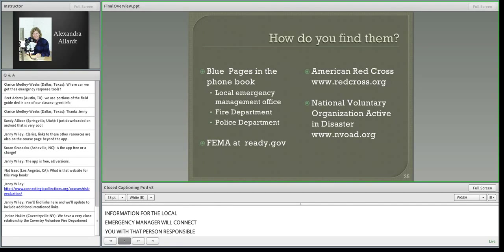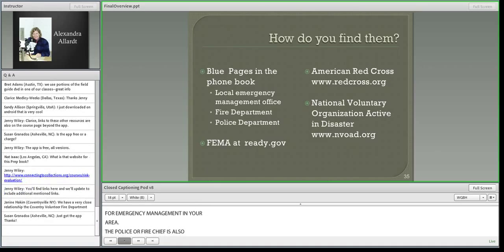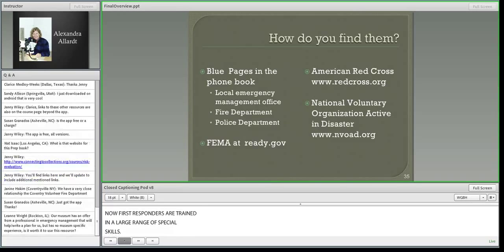Now, first responders are trained in a large range of special skills. To learn more about first responders and the different jobs they do, or how you can help them, you can explore the website for the Federal Emergency Management Agency. You can also look at the Red Cross and an organization called the National Voluntary Organization Active in Disaster.